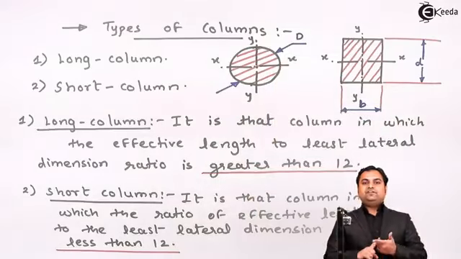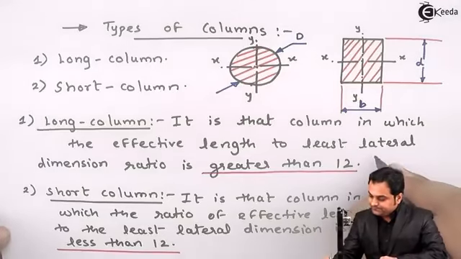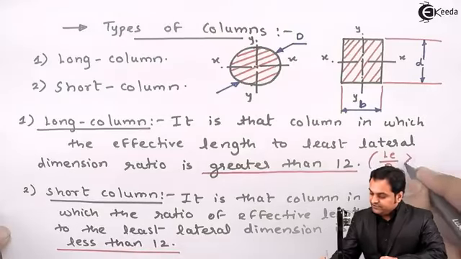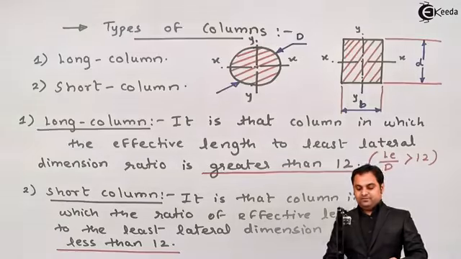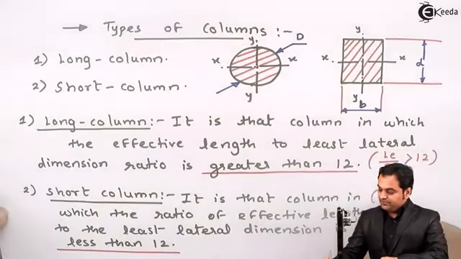So the ratio of effective length to the diameter, if it is greater than 12, then we will say that it is a long column. Similarly, for the short column, the ratio of effective length upon diameter of the column will be less than 12.